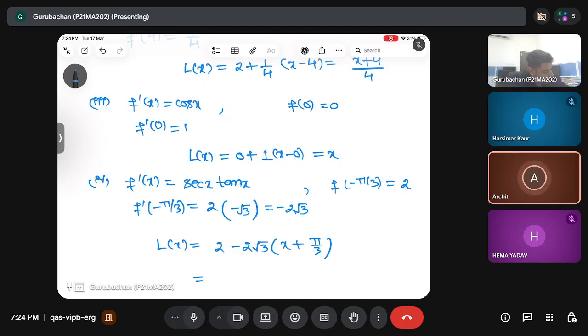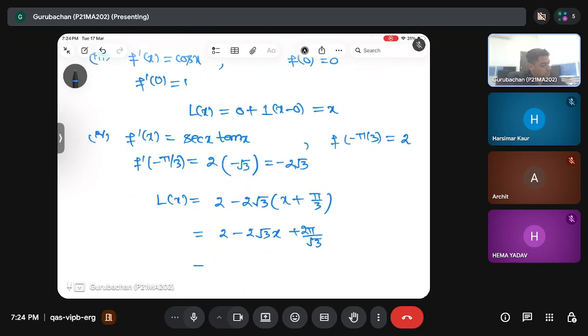So 2 minus 2 root 3 x plus, from here you will get 2 times pi divided by root 3. Is it correct? So this will be minus 2 root 3 of x.